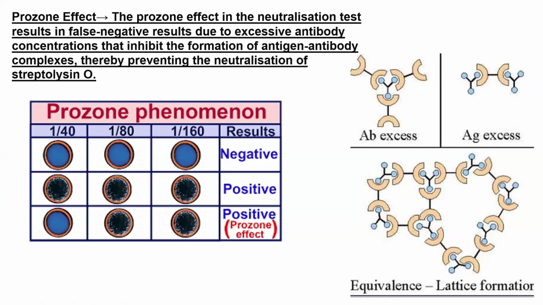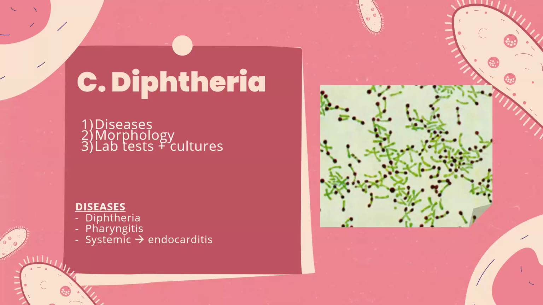What you do is you dilute till you stop having a positive result. And then you know that this is because you have a high amount of antibodies in the serum, or a very excessive amount of antibodies. Alhamdulillah, we are done with aspergillus, we are done with the rapid antigen test, anti-streptolysin O, which included the latex and the neutralization test.